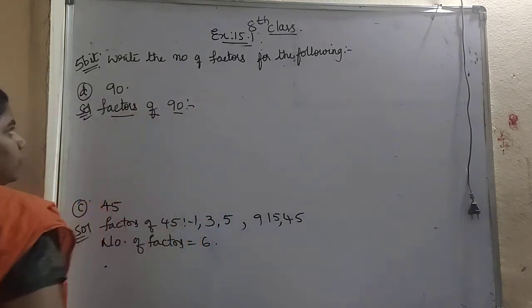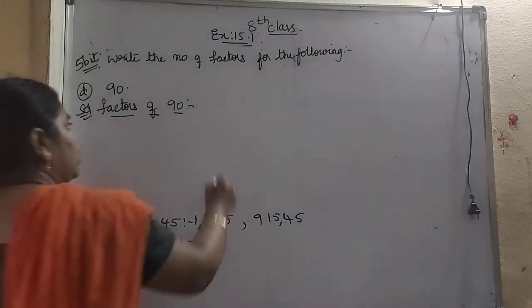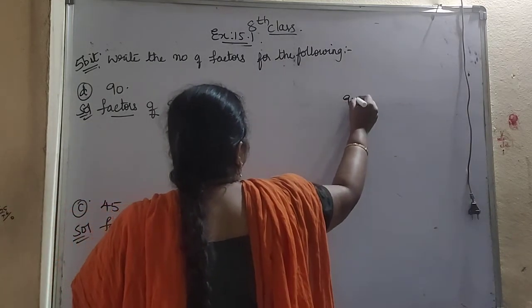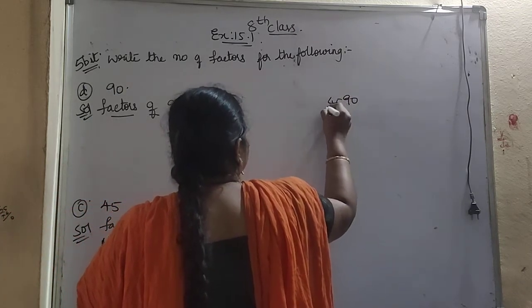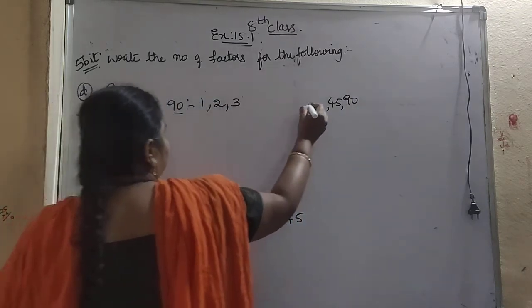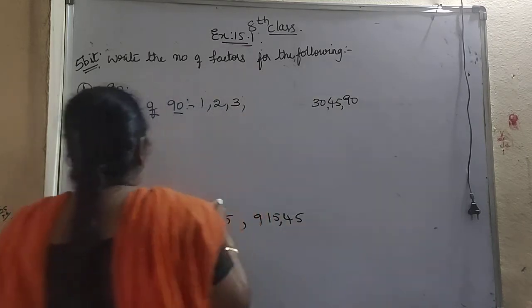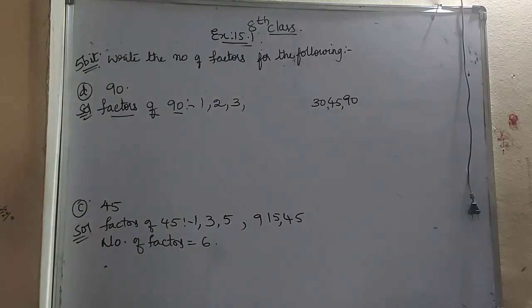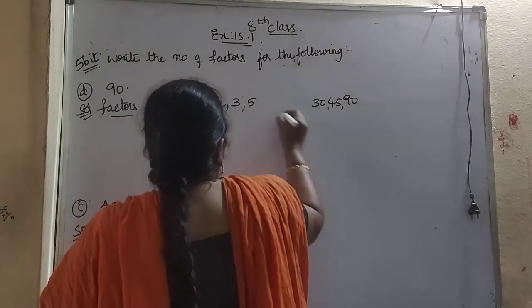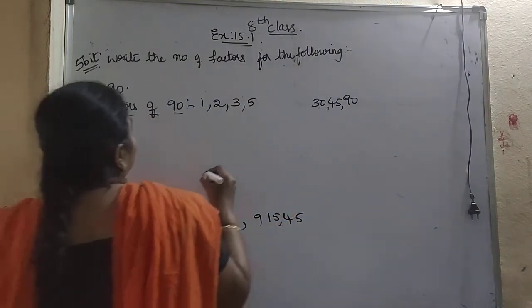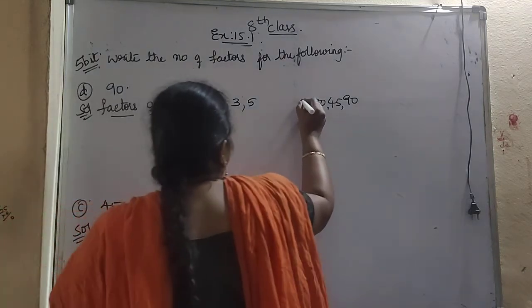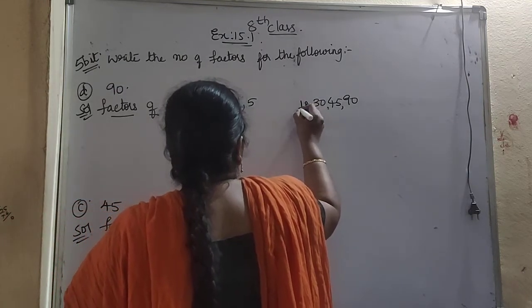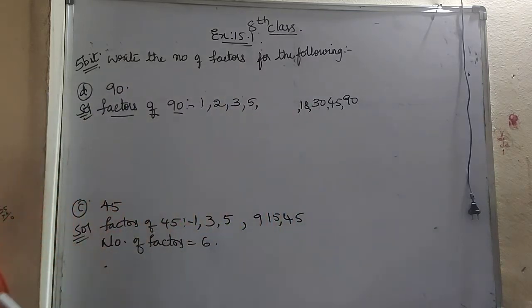So what are the factors of 90? 90 will go in which table? 1, 90 times is 90. 2, 45 times is 90. 3, 30 times is 90. And it will not go in 4. In 5 table, 5, 18 times is 90.